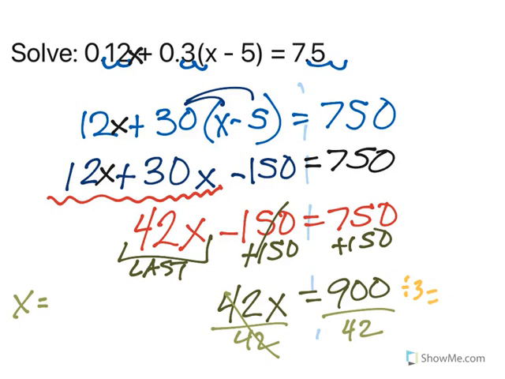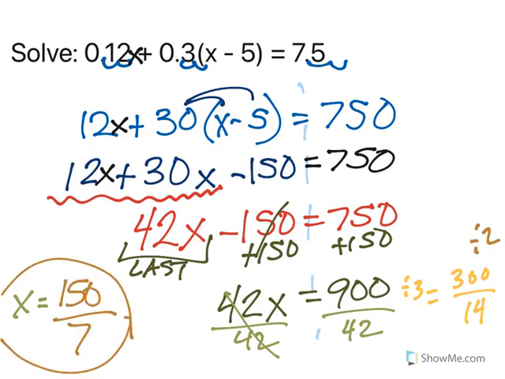So 900 divided by 3 is 300, and 42 divided by 3 is 14. Those are both even, so now I can divide them by 2, and I get 150 over 7. And that is solving equations with decimals and variables. It's fun, extra x's and things.